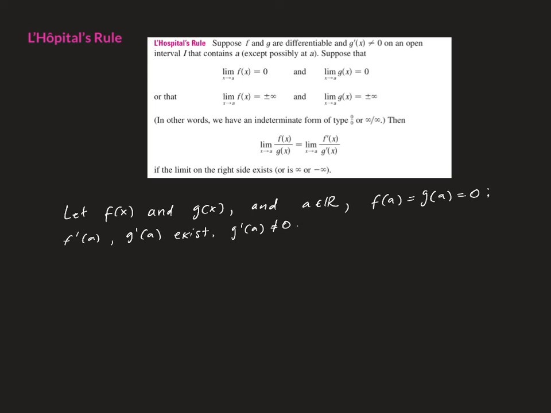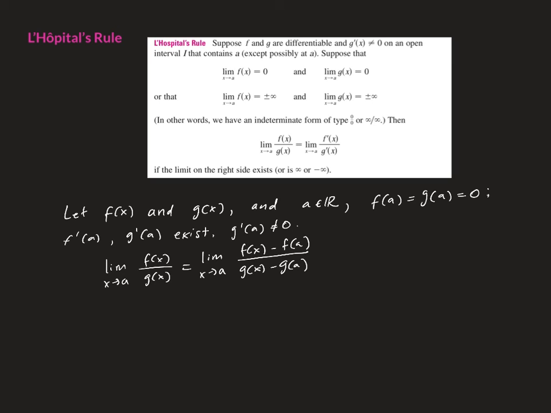Now with this in mind, let's consider the limit when x goes to a of f of x over g of x. Then, because f of a and g of a are 0, I can say that this is equal to the limit when x goes to a of (f of x minus f of a) over (g of x minus g of a).